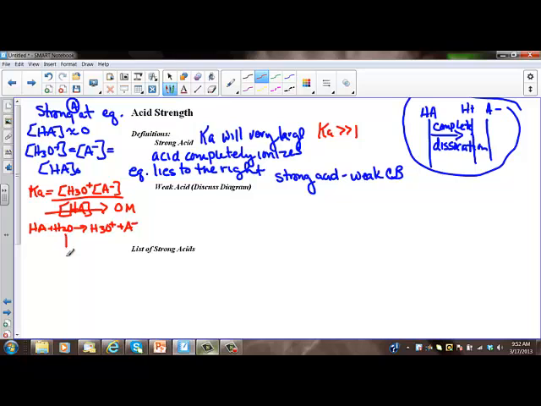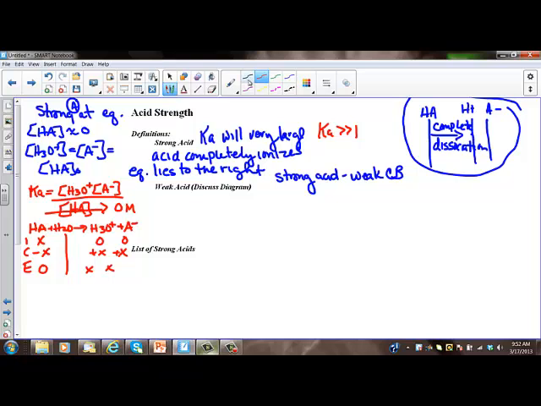Remember that water is a liquid, so it has no business in the ice table. So I have some initial concentration at the start of the reaction, and I don't have any of this. As the reaction proceeds, this becomes minus X, plus X, plus X. At equilibrium, this is going to be 0 because it completely ionized, and this is going to be X and X.